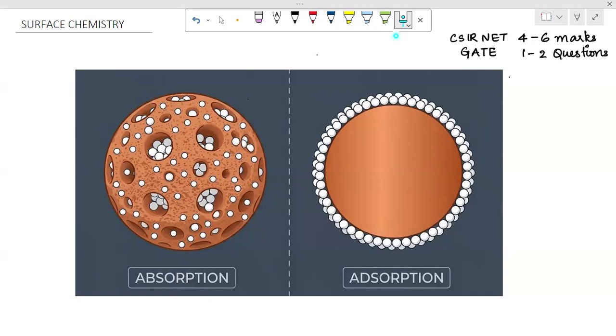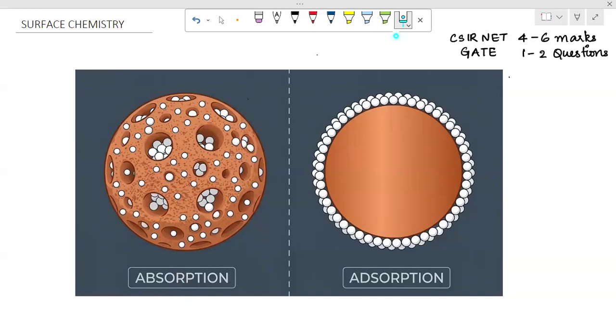This is absorption. To define, absorption is the assimilation of the molecular system, represented here by white balls. These molecular systems enter into the bulk of the substrate. It can be solid, it can be liquid.